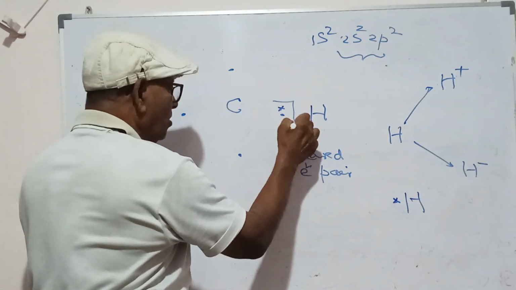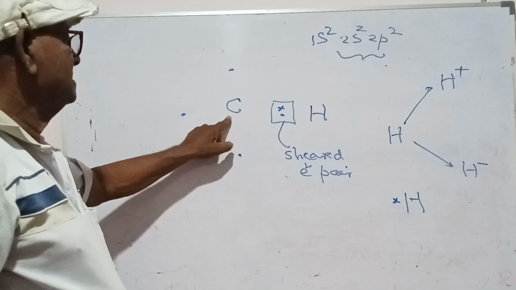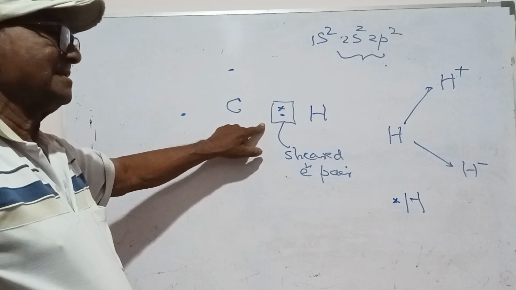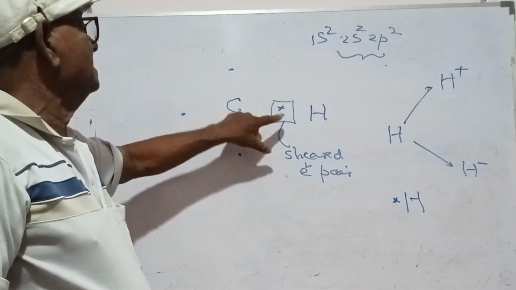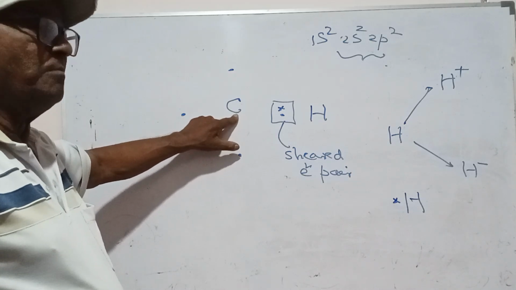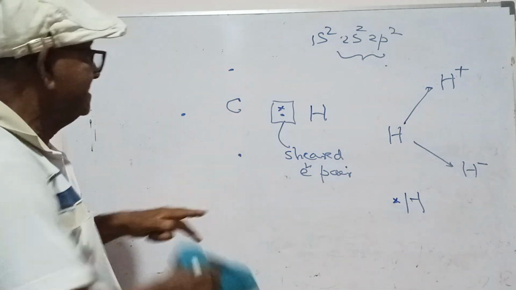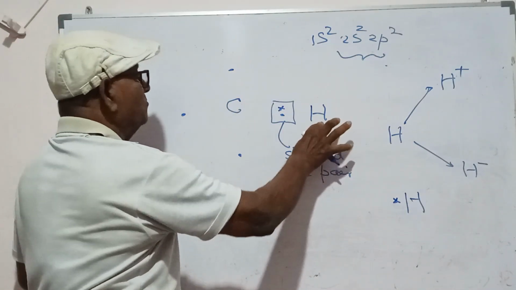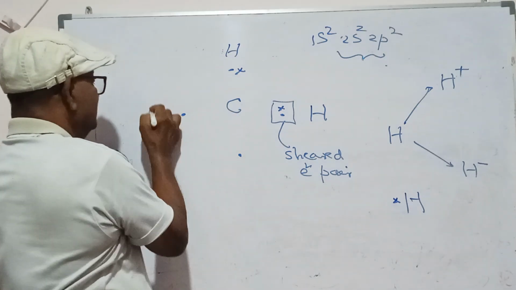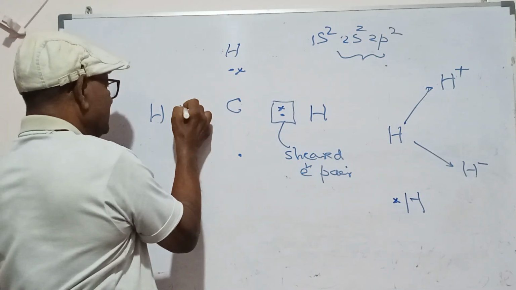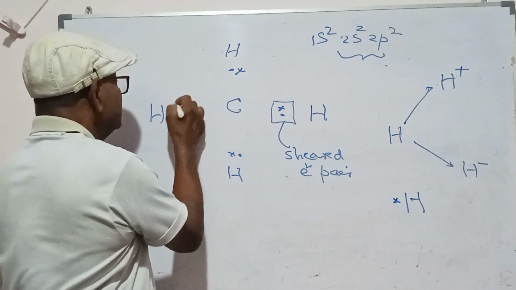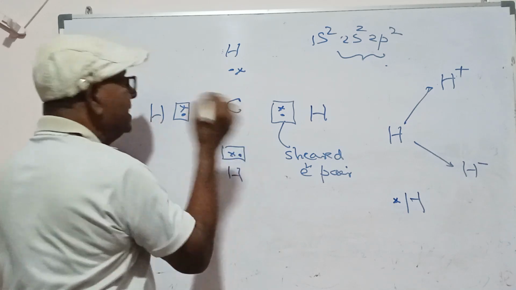That electron pair belongs to both, as in a share market. Carbon has 4 shares. Carbon is going to form 4 shares. Then hydrogen can form 1 share, and another hydrogen can form another share. Similarly, 4 hydrogen atoms can form 4 shares with the carbon atom.